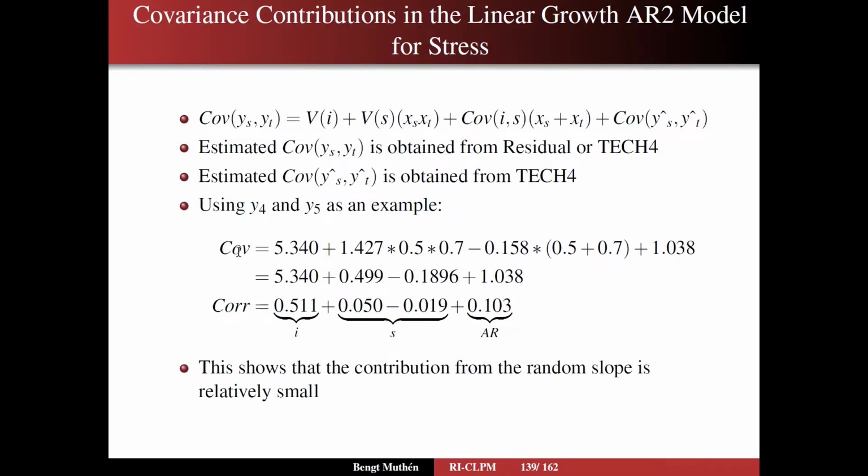And then I switch from covariance to correlation to show what the parts are that contribute to the correlation. And we see then that the major part is from the random intercept, 0.5, whereas the contribution from the random slope is fairly small, and the autoregressive contribution is 0.1, bigger than the contribution from S, but far smaller than the contribution from I. So in this example at least, the contribution from the random slope is relatively small.